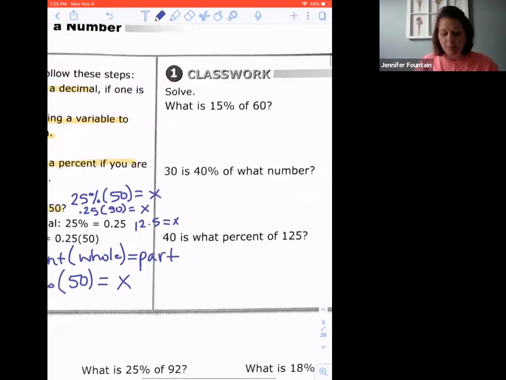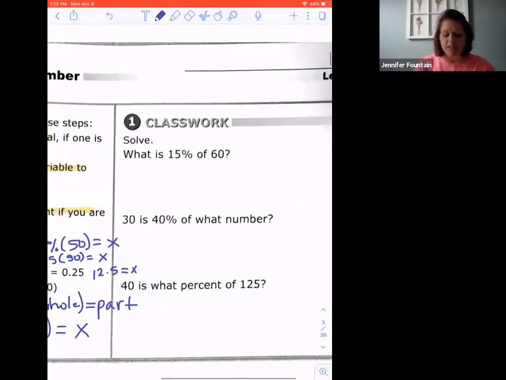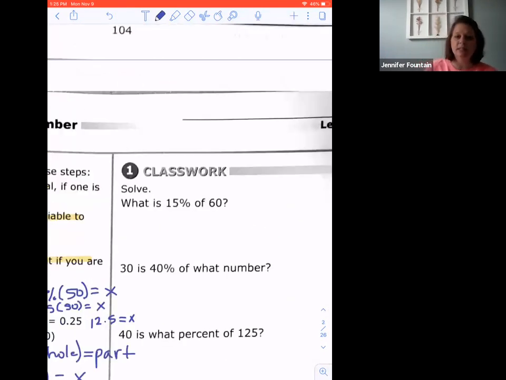So let's look at the examples they've given us of what is 15% of 60. Remember, that means I would have 15% times 60 equals X. I'm using multiplication because of the word of, and I'm letting my variable X represent what I'm trying to solve for.